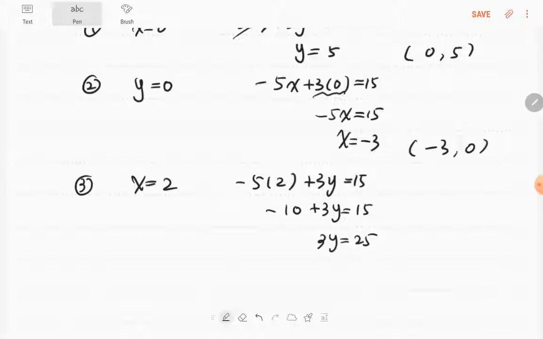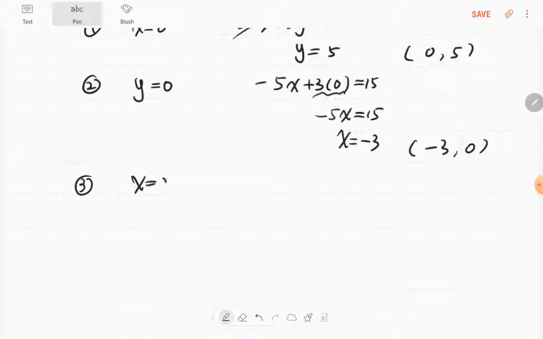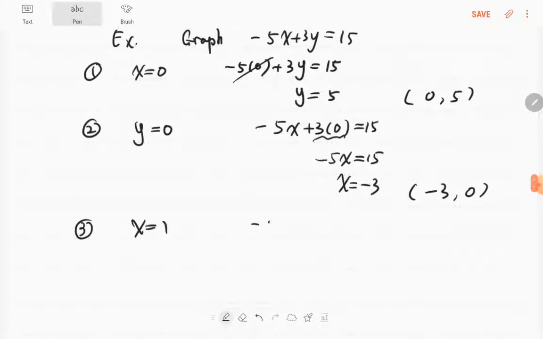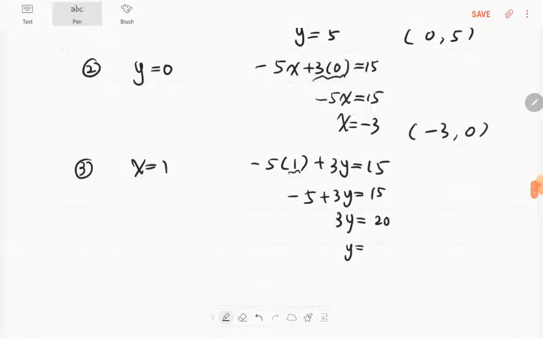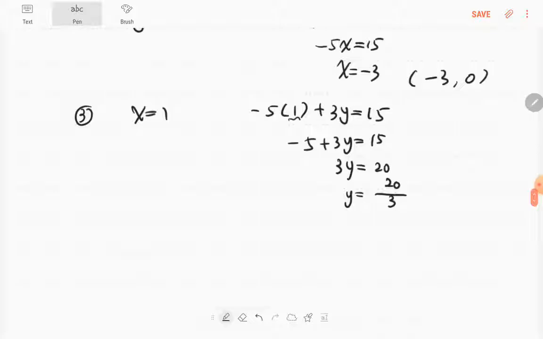Maybe this value is too big, so we can change to another value. Okay, x equal to 1. Then we use 1 to replace x. That will be negative 5 plus 3y equals 15. So that will be 3y equals 20, y is equal to 20 over 3. So it's very close to 7, right?